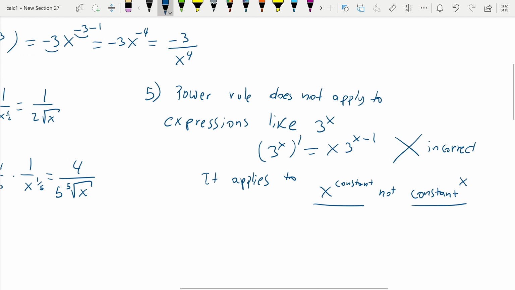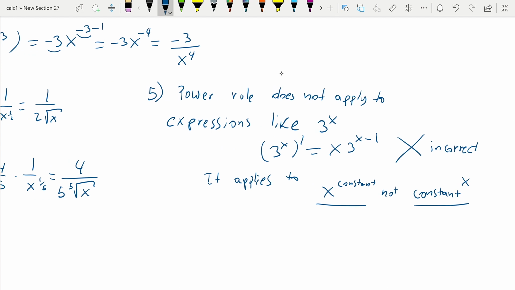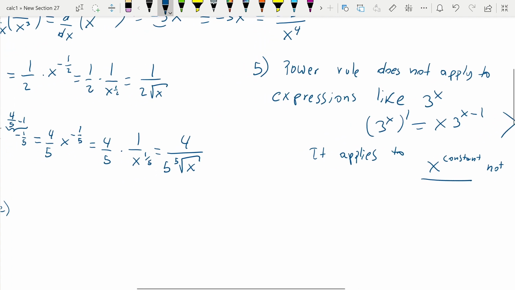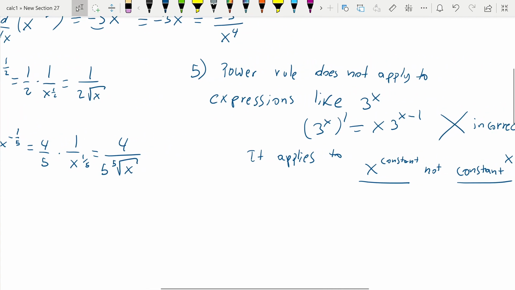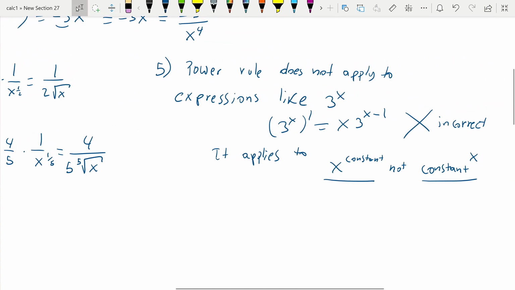It applies whenever the variable is not in the exponent, and the exponent is a constant. That's where it applies. If you have some constant raised to a variable exponent, then the power rule does not apply. So don't ever do that. That's going to be wrong. Okay, so pay attention to this.